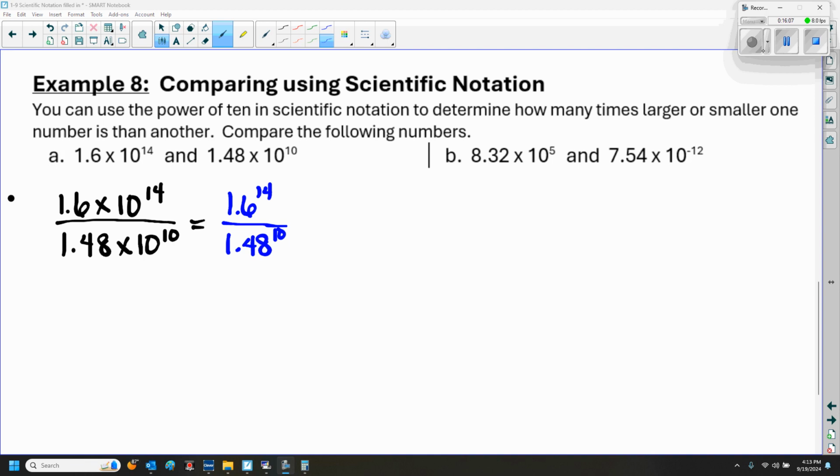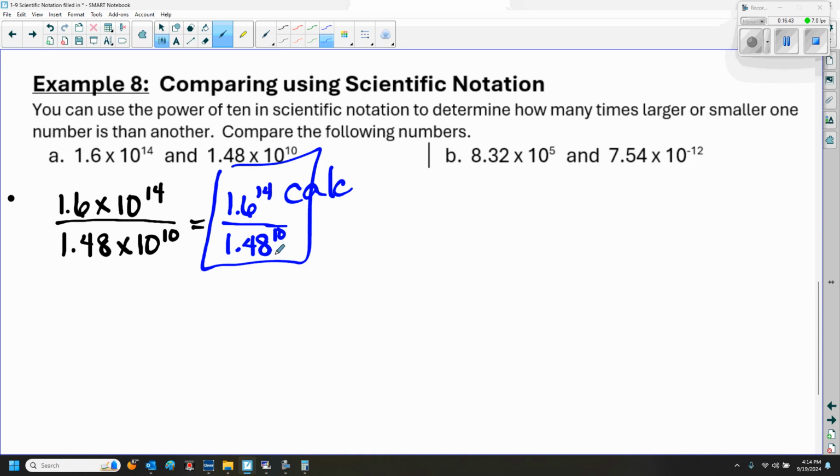In scientific notation, you're going to put 1.6, and then the EXP button, 14, and then you're going to divide by 1.48, and then the EXP button, and then 10, and then equals. That's what it looks like in the calculator.